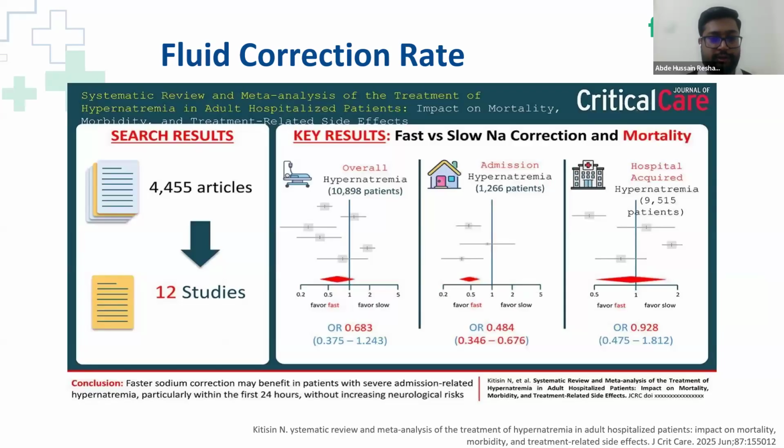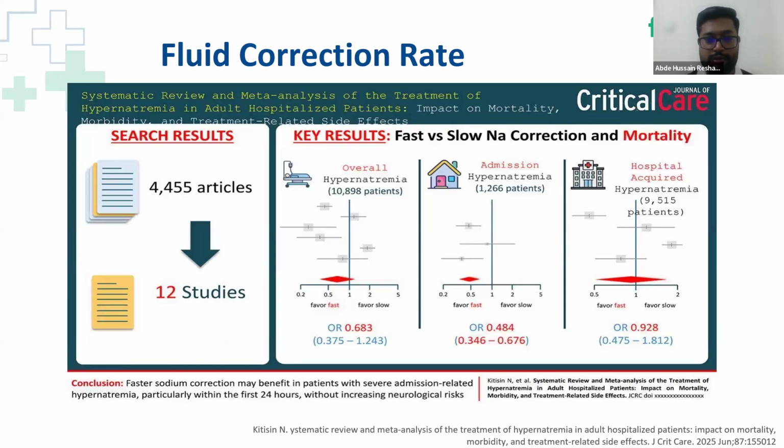Now, a little about the fluid correction rate. There is one study on how fast we should go, whether it is advisable, and its effect on mortality. In overall hypernatremia patients that got admitted, it favored a faster correction, and also for acute hypernatremia. For hypernatremia present on admission, it again favored fast correction, but if it is hospital acquired, it favored neither.